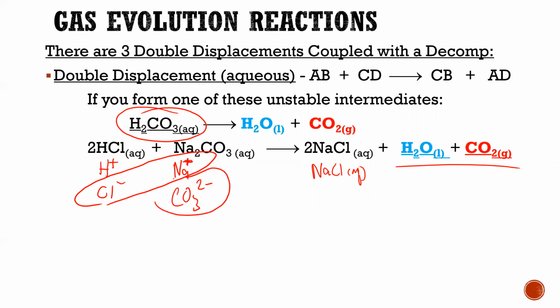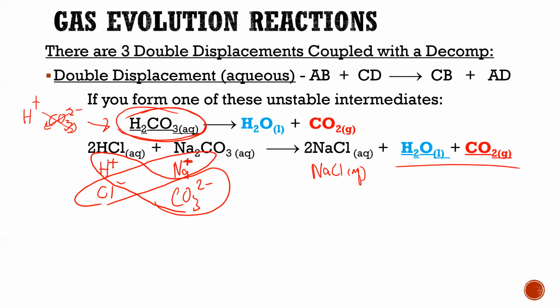And now when I do the do-si-do and I switch partners here, what do I end up producing? Well, the CO3 2 minus, the carbonate, has a 2 negative. The proton has a +1. I do my crisscross applesauce, and what do I get? Carbonic acid. But it's an unstable intermediate.